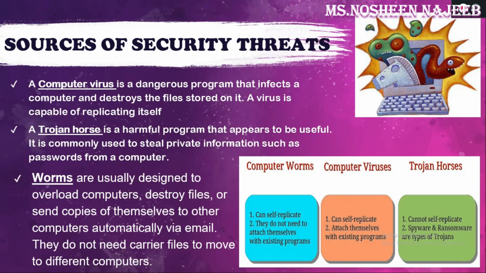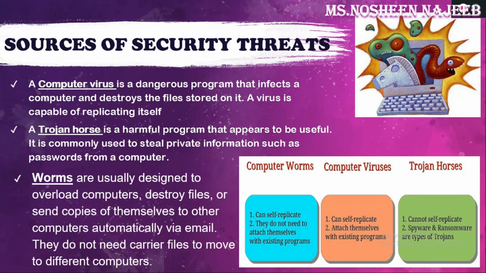A key difference between a worm and a virus is that viruses normally attach to files and corrupt them. Worms create copies of themselves that are transmitted over computer networks. The Morris worm was one of the first computer worms to be distributed via internet.